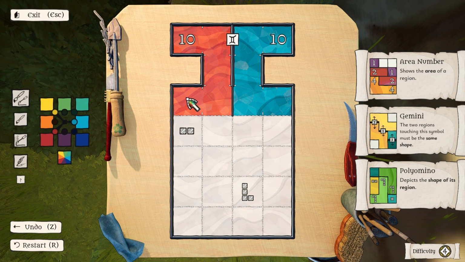I'm going to say that they do that because this can't reach up there. That one could, but they have to be the same shape. And we know that this is going to take up everything on this side, assuming it doesn't cross over to the other side.